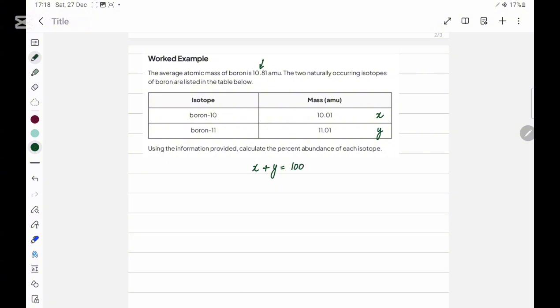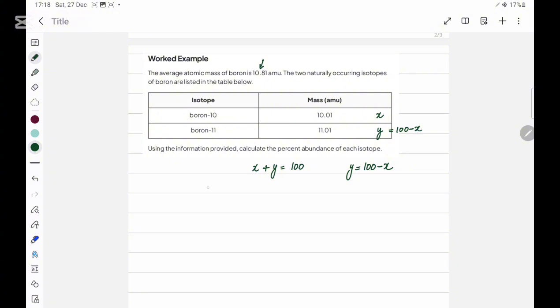So we can write y in terms of x: y is equal to 100 minus x.